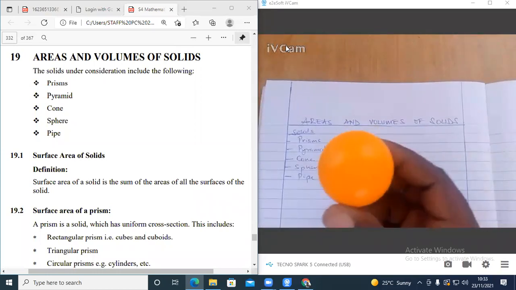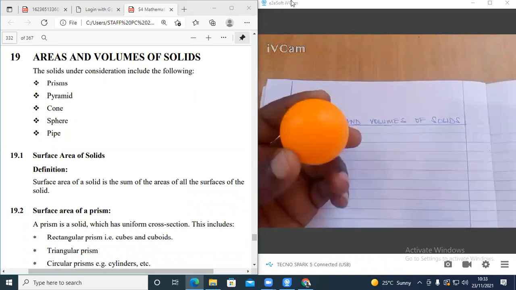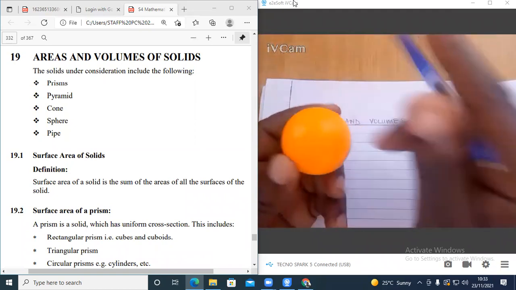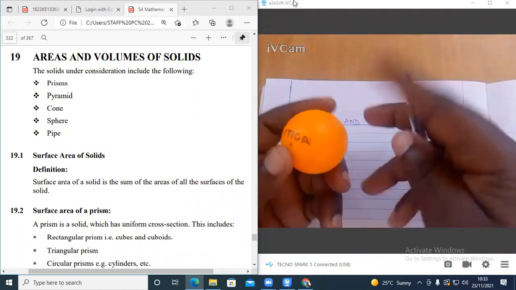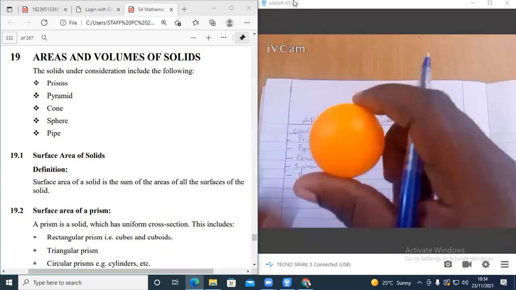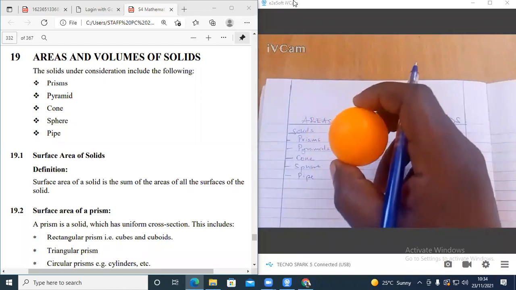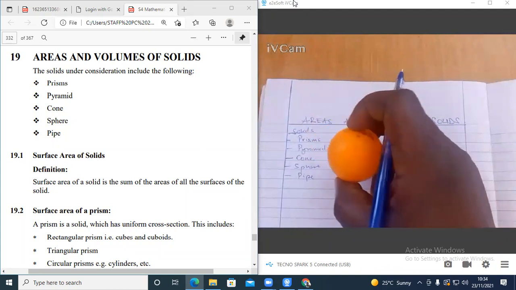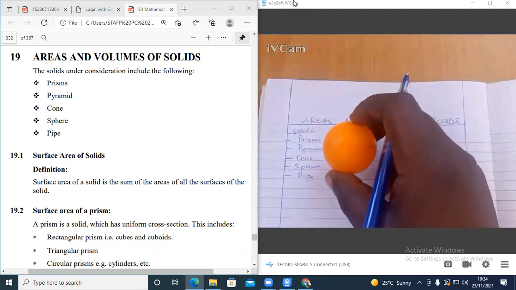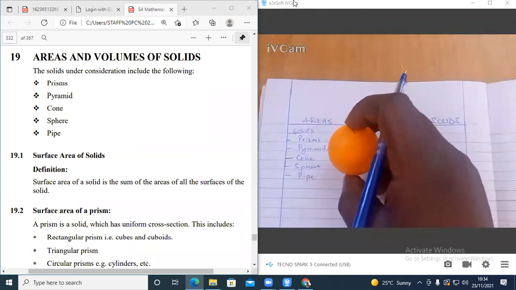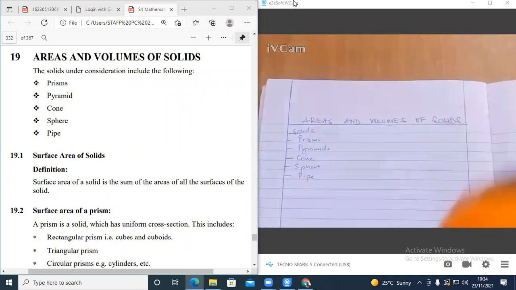We are looking at something that is solid, not having air inside, but fully covered inside with a material. If it is a metallic sphere, then even inside it is metal. So it is a solid. The same way you may see a boiled egg, inside that egg it is fully covered. The air that is there is very small, but whatever is inside is fully covered. So it is a solid.